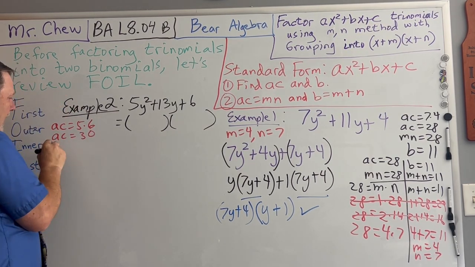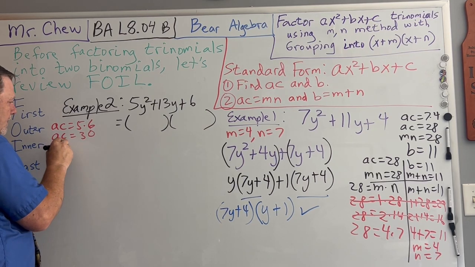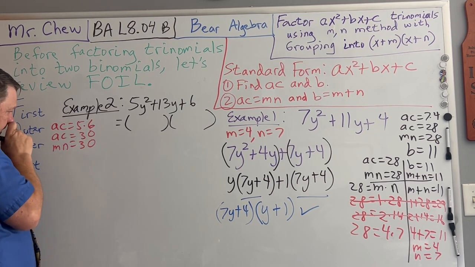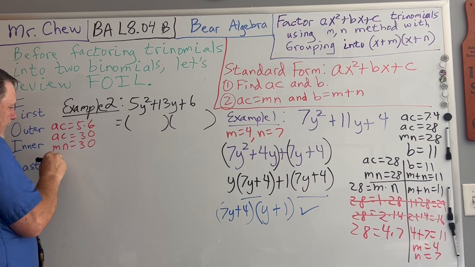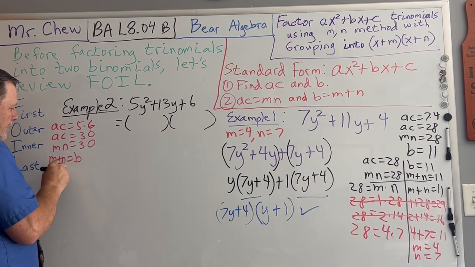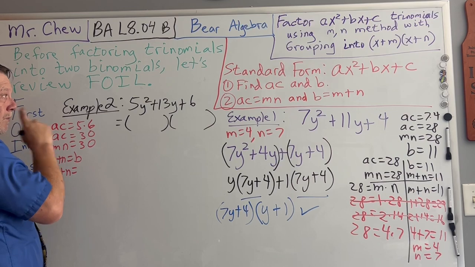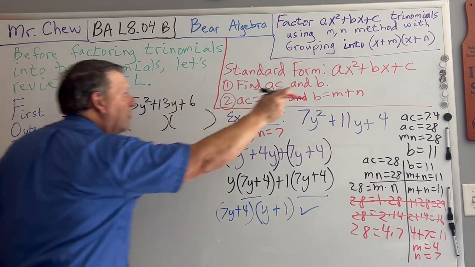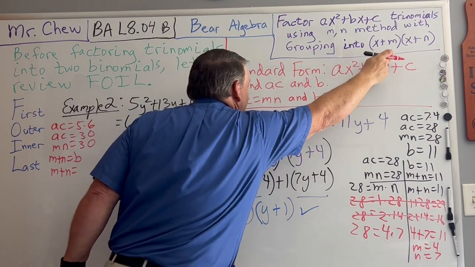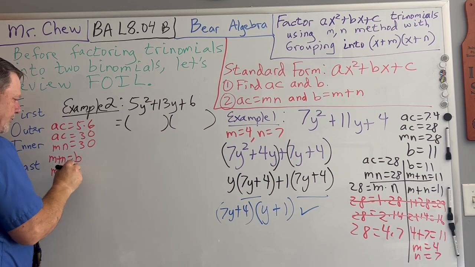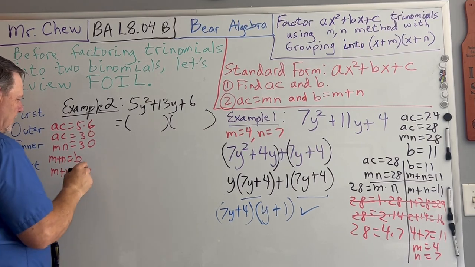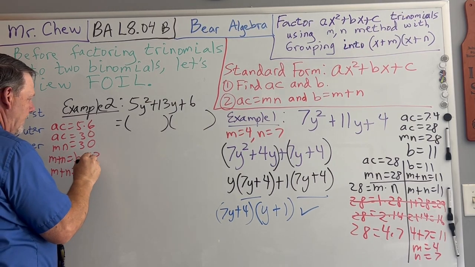And now I know that that is MN in my table when I do my table. And I know that M plus N has to equal B. So I know that M plus N in my table has to equal what's in front of the term to the first power, which is 13. So I know 13 equals B.